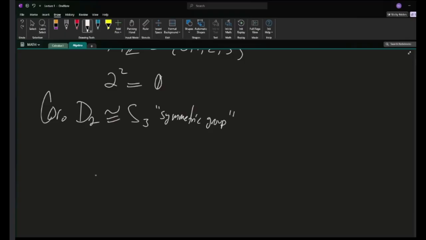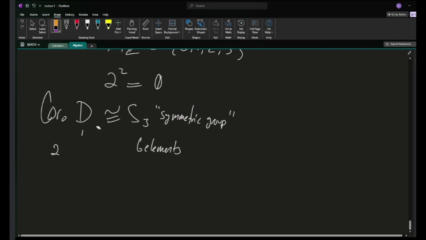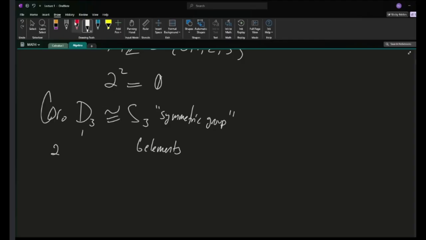Notice that S3 has 3 factorial, which is 6 elements, and D3 has 2 times 3 elements. Oh, it said D3, whoops. And in fact, there are no further isomorphisms for anything greater than 3.